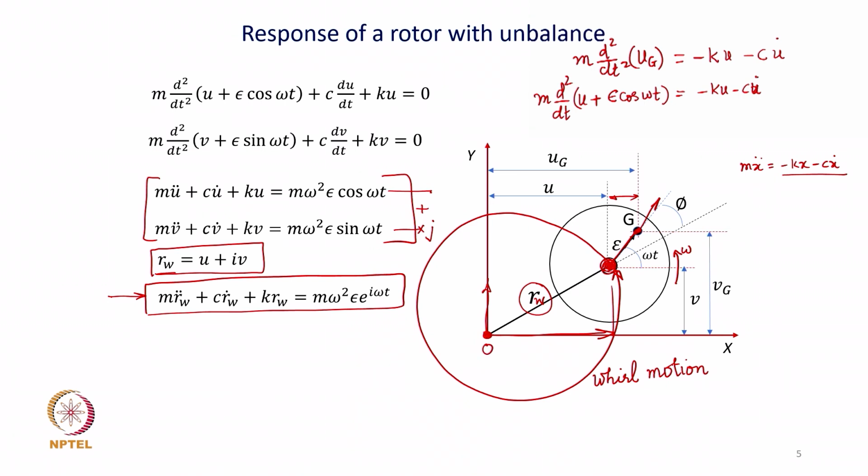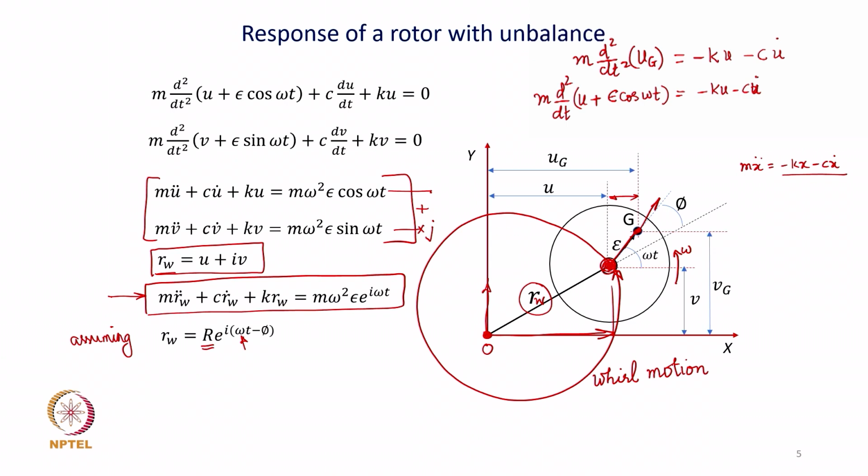Is that clear? Now, the way we have done the solution is very straightforward. We have done it umpteen number of times. We assume a harmonic response, and not only that, a harmonic response with the same frequency as the spinning frequency. Why is that so? Because the unbalance is going to excite the system at the speed of rotation, and therefore we assume a response with amplitude capital R, e to the power j omega t minus phi.